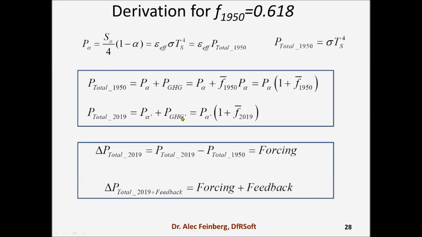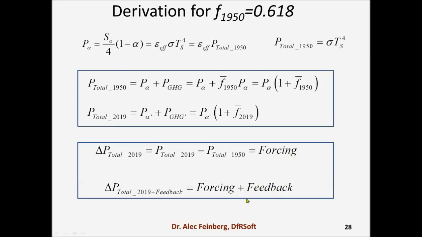So we have a little difference here in the amount of greenhouse gas and a little bit of difference on the energy end. Then we can keep the same equations, but we call this F 2019, and this was F 1950. Now, we can get the forcing by subtracting these two.